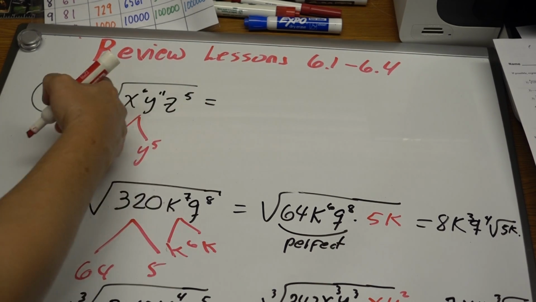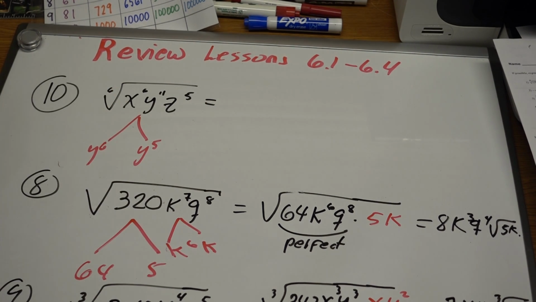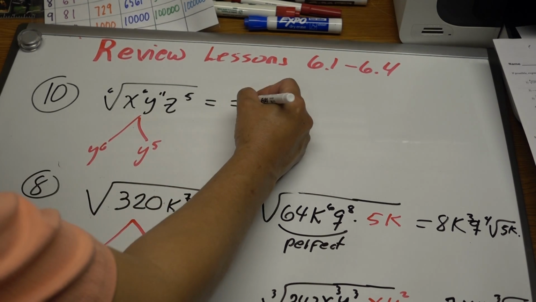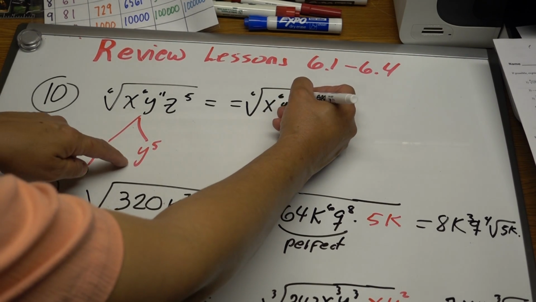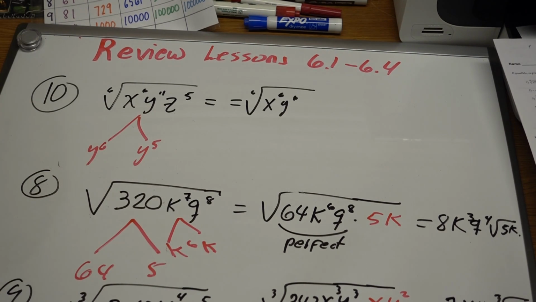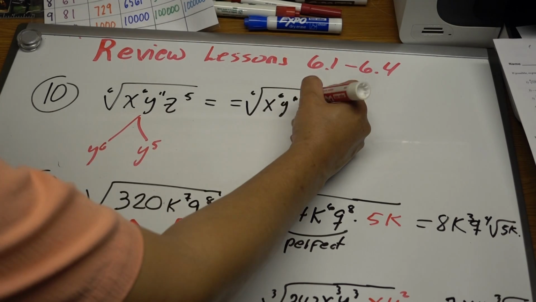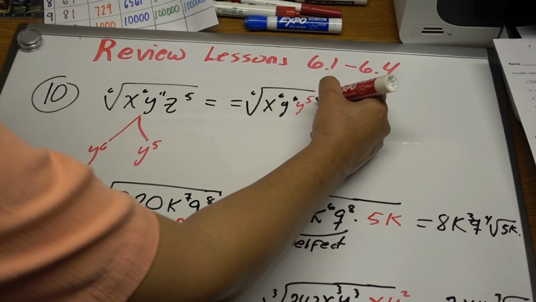This one, 5 is already less than 6, so there's nothing I can do with z. So just rewriting this, you're going to have the 6th root of x to the 6th, y to the 6th times y to the 5th power and z to the 5th power.